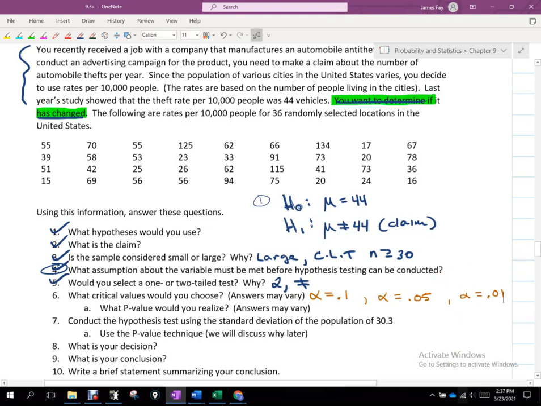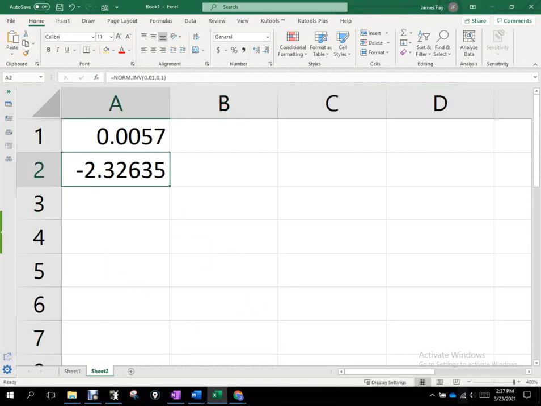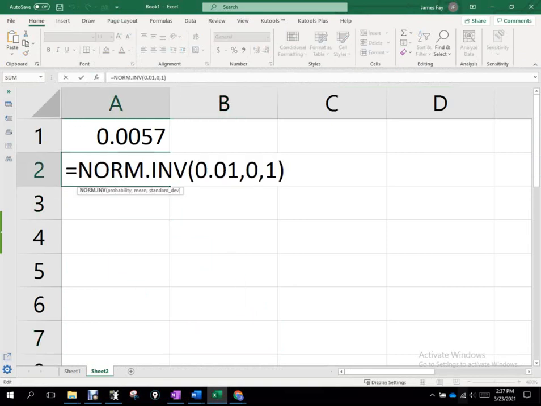Now, those are not the critical values. Those are the levels of significance. The critical values, if you remember, are then found by using this. If I want 10%, and this is a 2-tailed test, I'm going to take 10% and divide it by 2 because of the 2-tailed aspect.